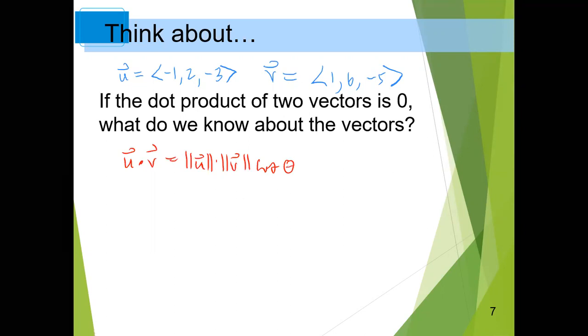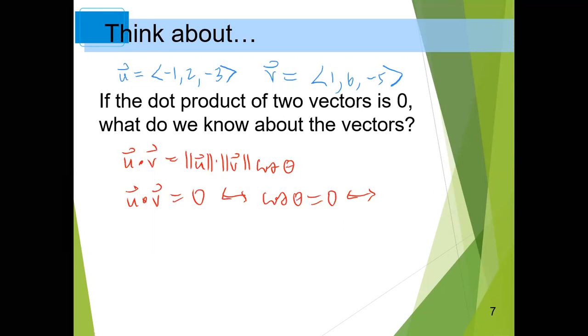And u dotted with v equaling 0 only happens if the cosine of theta is 0, because we're assuming that the vectors themselves are non-zero for the time being. The cosine of theta is 0.